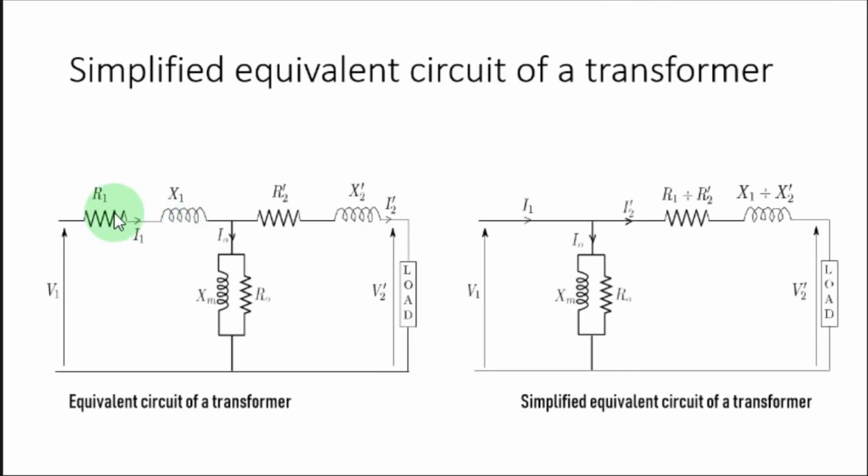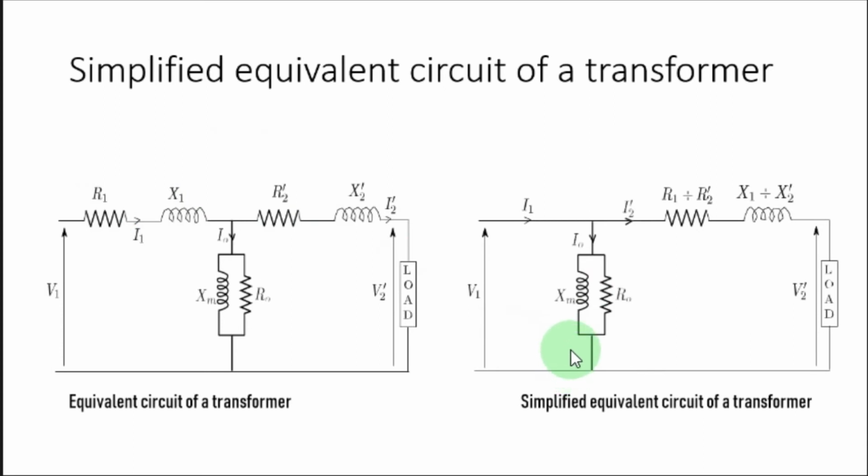So here, instead of the transformer, now you can use this equivalent circuit, which has referred the secondary impedances to the primary side. And then to make this equivalent circuit simpler, you can shift this parallel branch to the input terminals here like this, and then these two you can easily add. So this is actually an approximation.